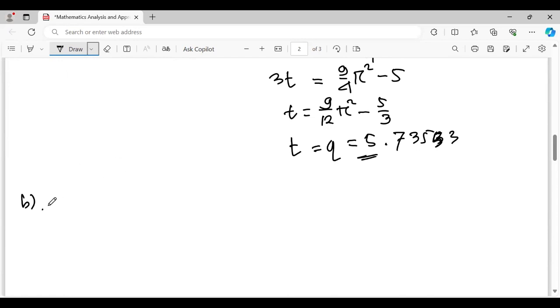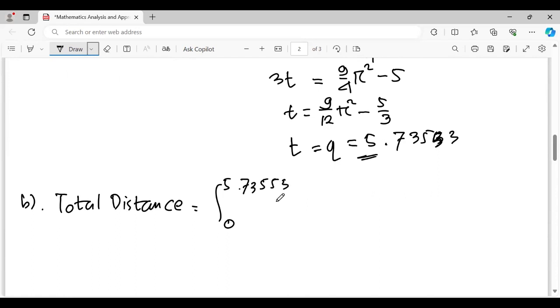Total distance we can find through the integral from 0 to 5.73553 of the velocity, dt.